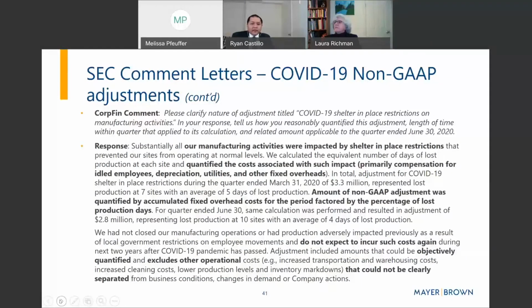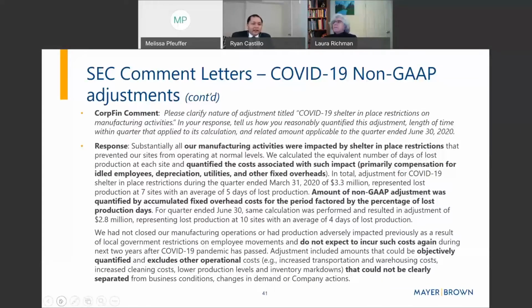And the company responded that because of the shelter-in-place restrictions, substantially all manufacturing sites were impacted and were not operating at normal levels. They quantified the 3 million non-GAAP adjustment as accumulated fixed overhead costs for the period, factored by a percentage of lost production days.